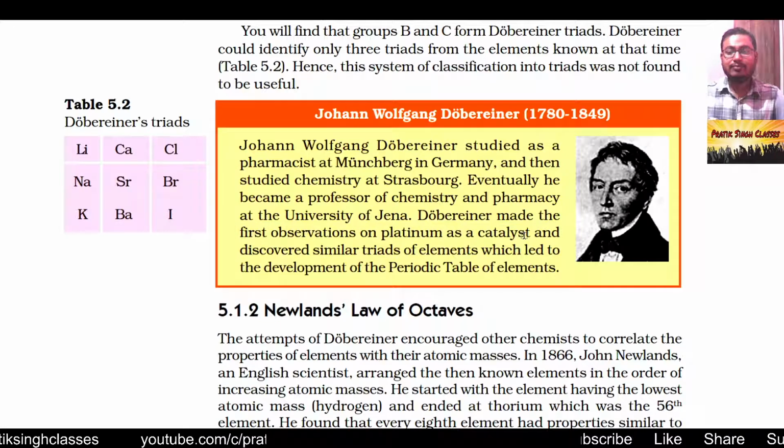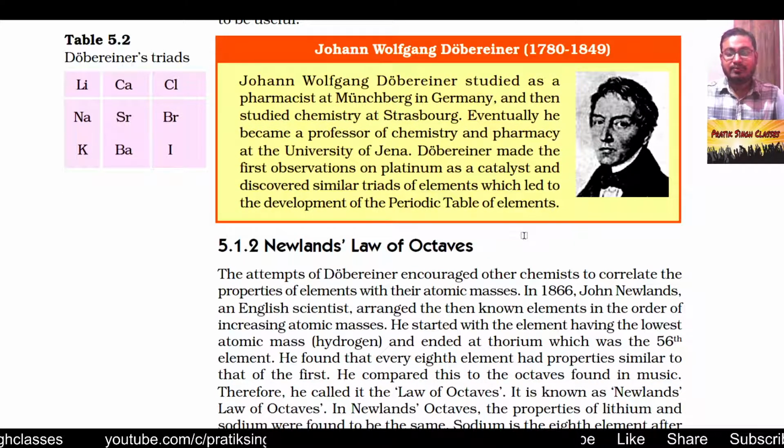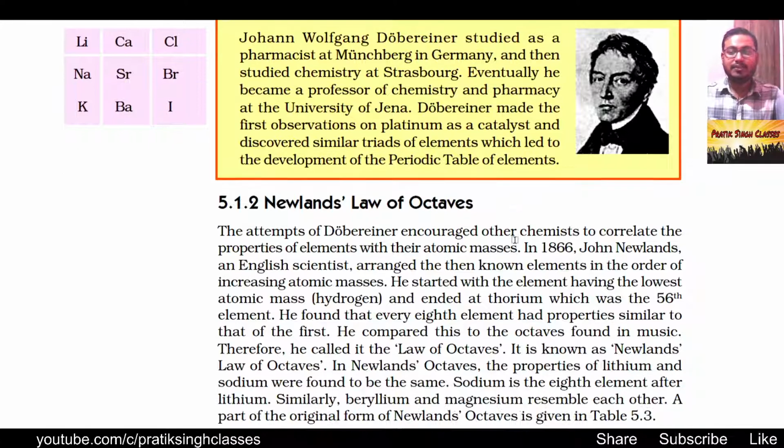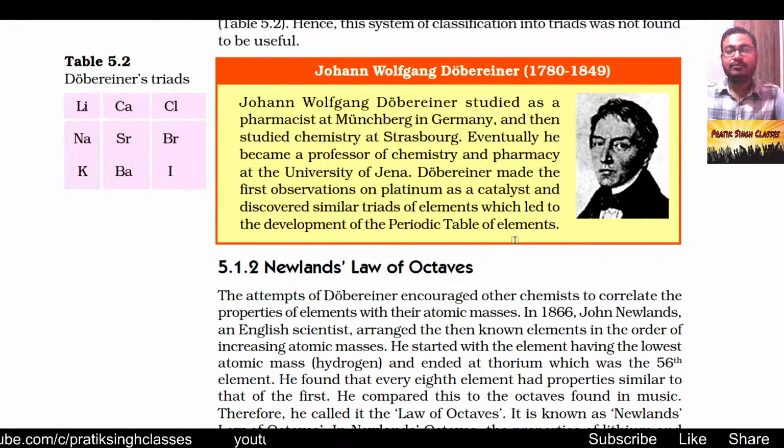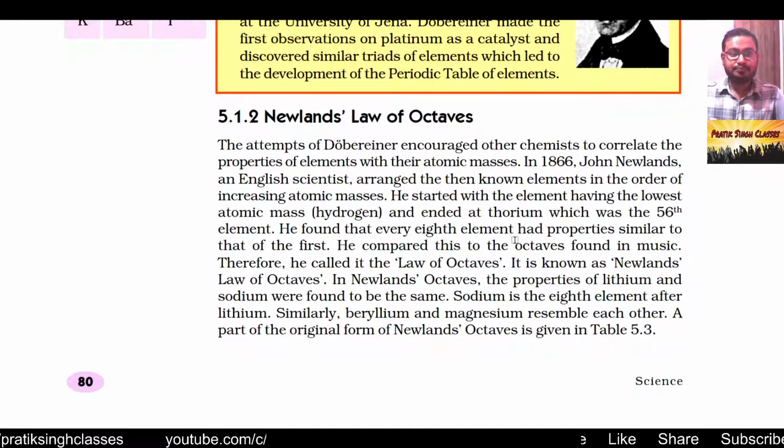So for whatever elements were known at the time, he was the first person to classify them and arrange them into the periodic table. This further led to great achievements in the field of physics and chemistry.